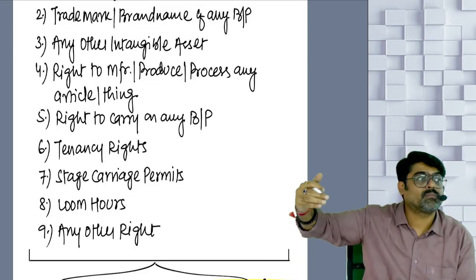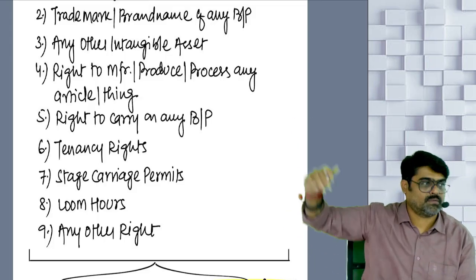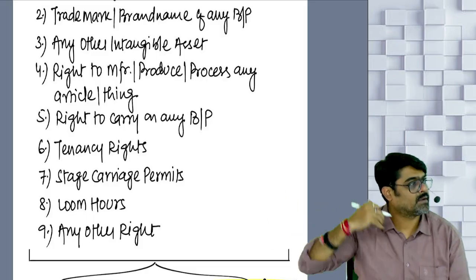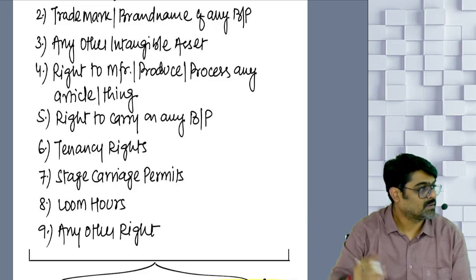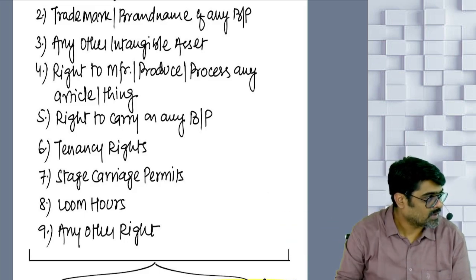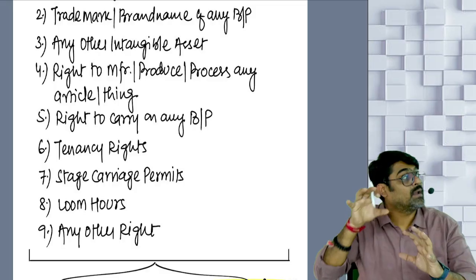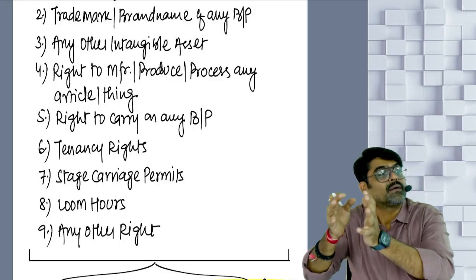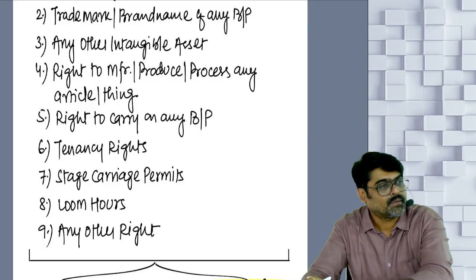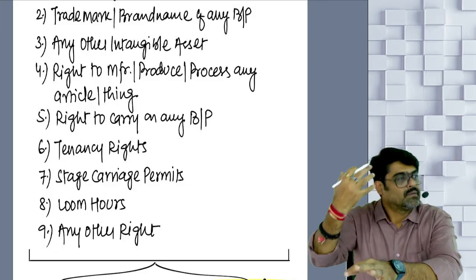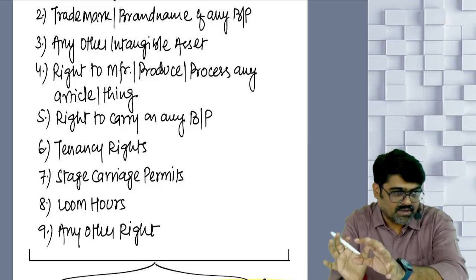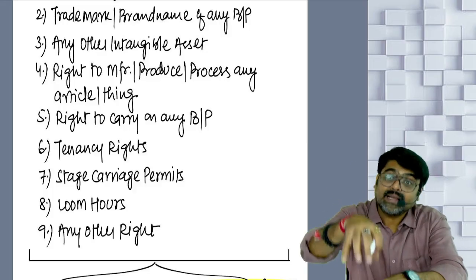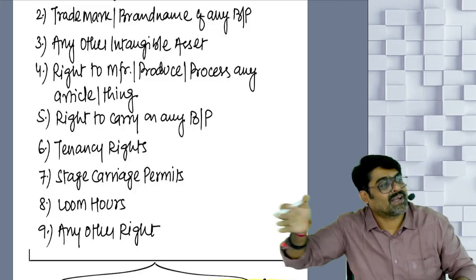For example, from Malleshwaram to airport. A specific route is there. On that route, you are given the permit to drive your vehicles. But people will get into your vehicle and get down at a stop. They will get onto the vehicle at a stop and they can get down also at a stop. Bus stops are there, no?